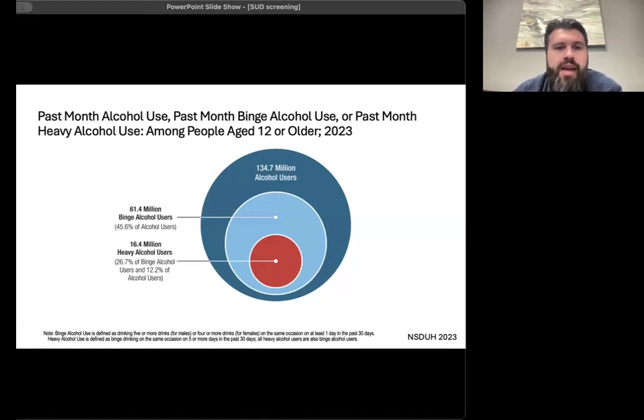So this is past month alcohol use, binge alcohol use, or heavy alcohol use. You can see in this survey, there's about 135 million alcohol users, and about 61.5 million report binge alcohol use, and about 16.5 million report heavy alcohol use.